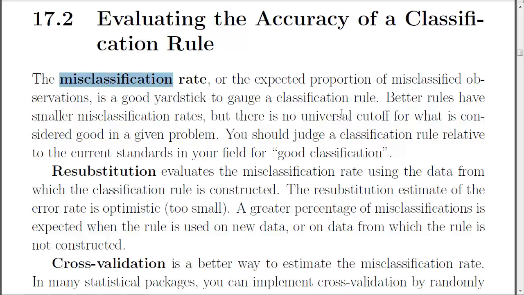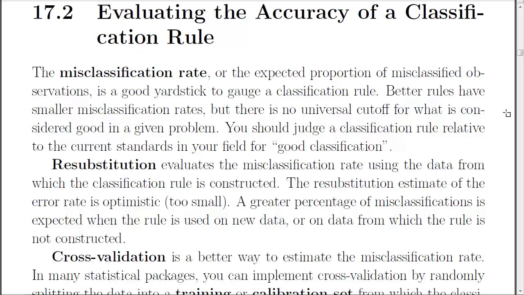There's certainly really messy data where you might be lucky to get a 20% misclassification rate, and then there's other physics-based or engineering-based examples where a misclassification rate of 0.001% would still be pretty high. So what's considered good depends on the context of the problem.